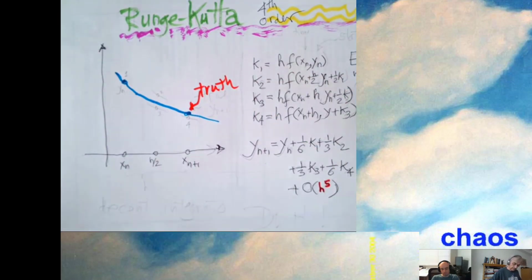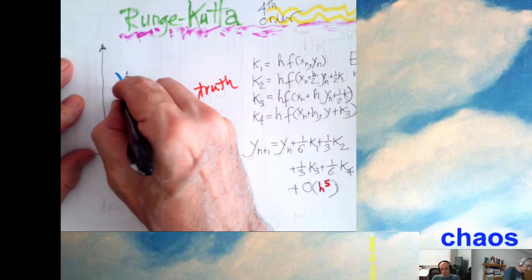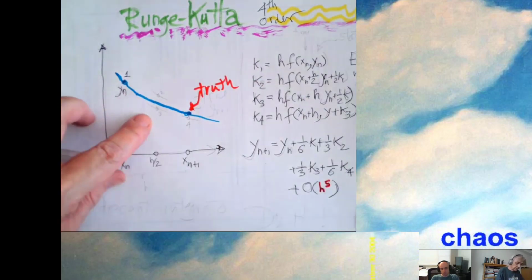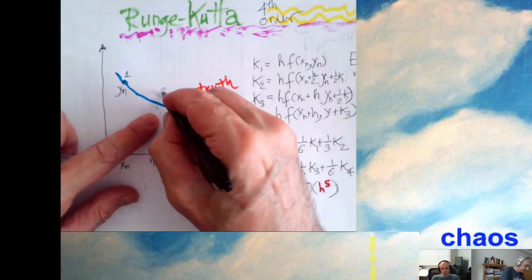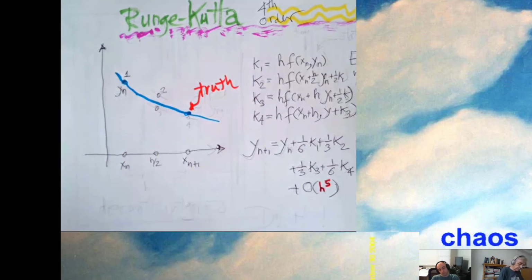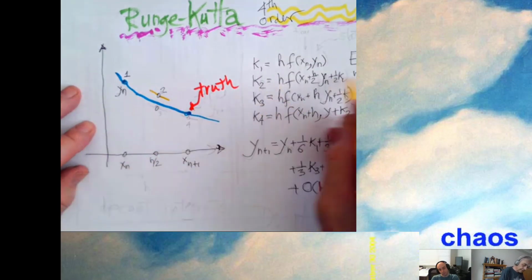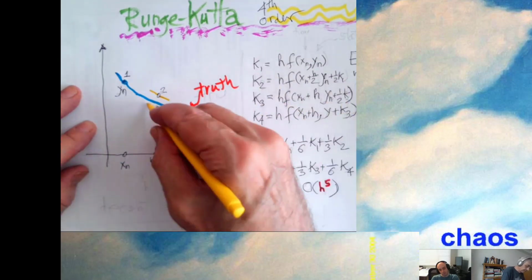I approximate it by doing one evaluation at this point. Then I do an evaluation in mid-interval. And I compute this mid-interval slope this way and then that way.